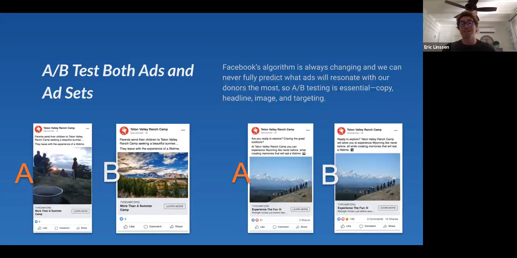And so testing everything. So testing the copy that you have at the top of the ad, testing your headline, your call to action, testing your image creative, video creative, testing different targeting options, testing everything.